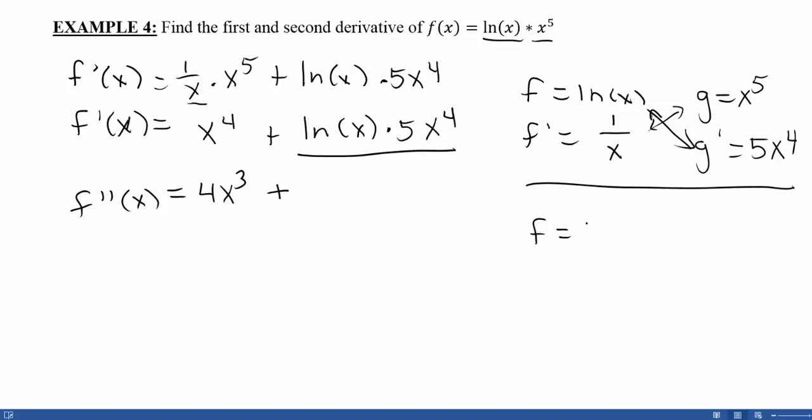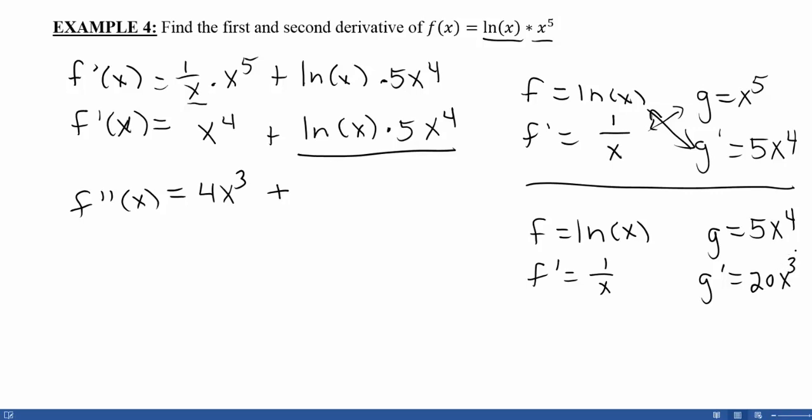So again, I'm going to pick my first function to be f and my second function to be g. Then I'm going to find each of their respective derivatives. So the derivative of ln x is 1 over x, and the derivative of 5x to the fourth is 20x cubed. So now I'm going to do f prime times g.